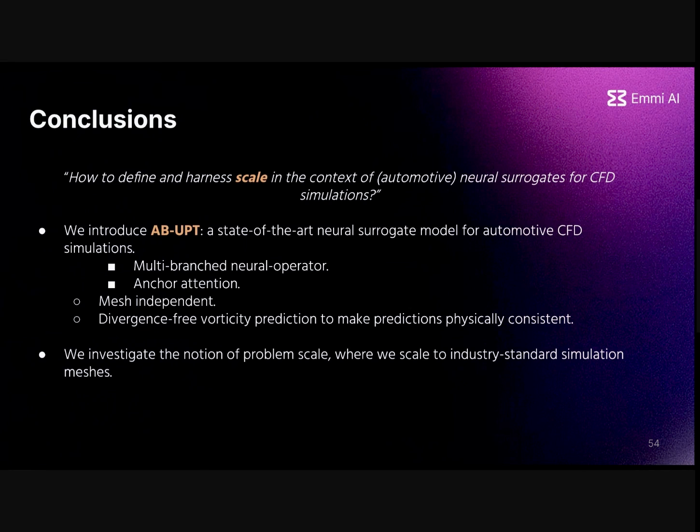We introduced a new multi-branch neural operator architecture, and also anchor attention, a sublinear form of attention to scale to millions of simulation queries. Our design is mesh independent and allows for divergence-free vorticity predictions to make the model physics consistent. And we investigated the notion of problem scale, where we scaled it to industry standard simulation meshes.